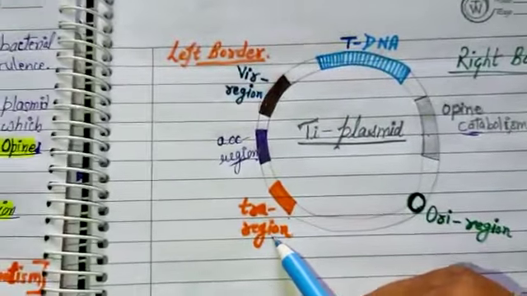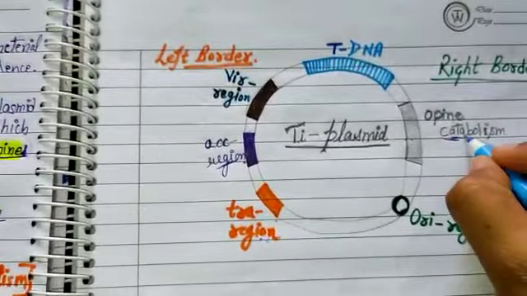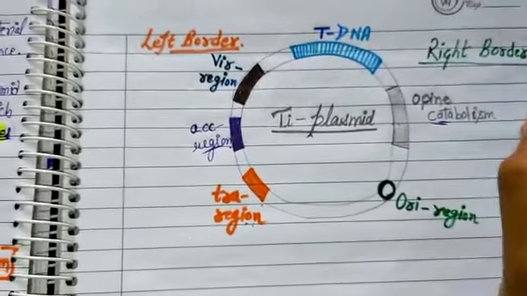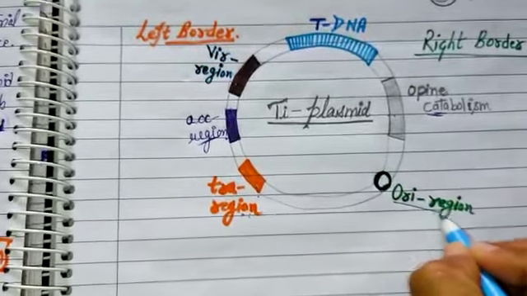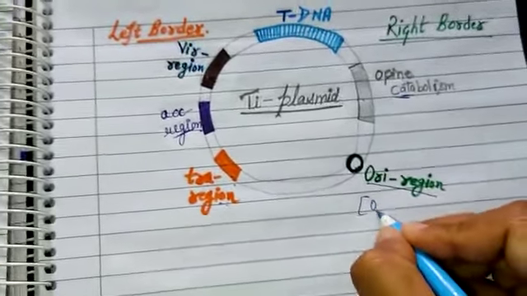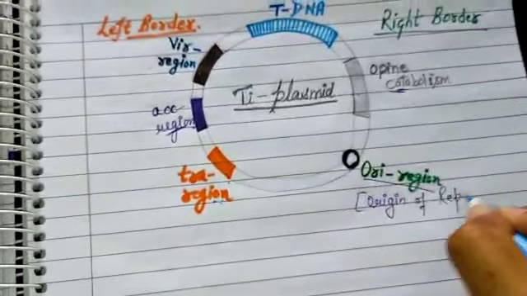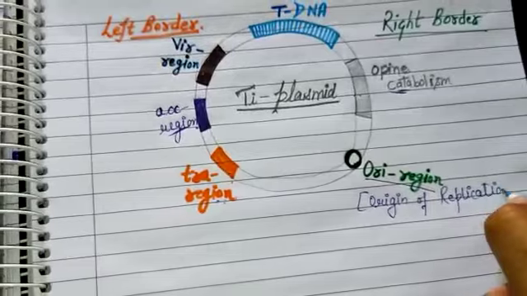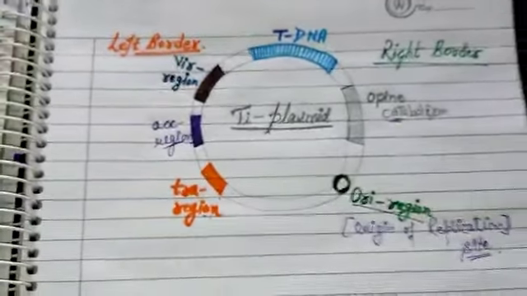This is the Tra region, indicating the conjugative transfer region, and this is the opine catabolism region. And this is the most important site, the ORI region, origin of replication site. Clear? So this is the complete process of the transgenesis.